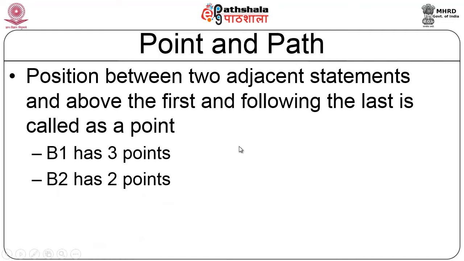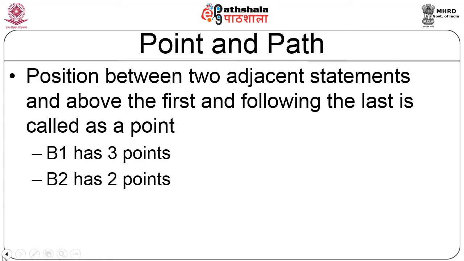The position between two adjacent statements is called a point. From one point to another point, whatever sequence of statements you encounter is called the path. In addition to the position between two successive statements, the position before the first statement and the position after the last statement of a basic block will also be looked upon as a point.